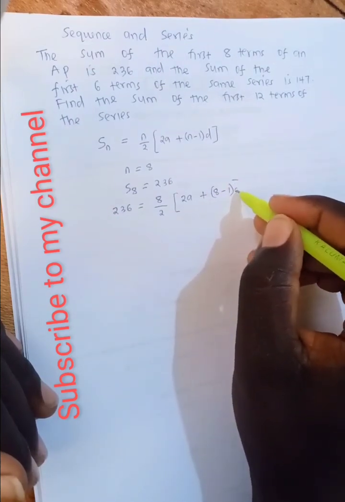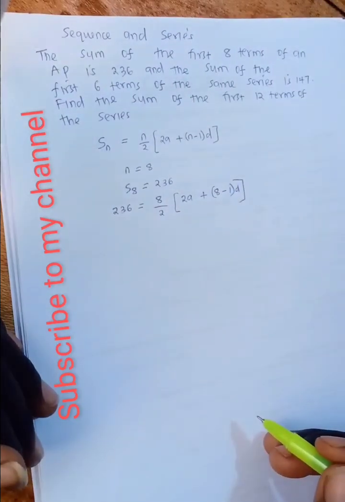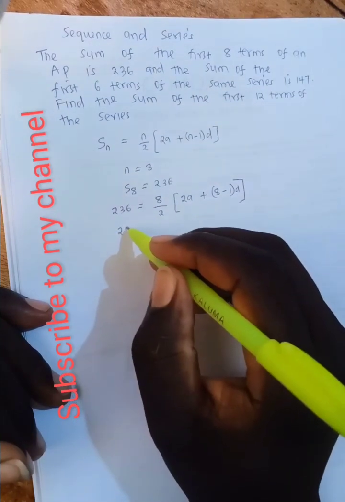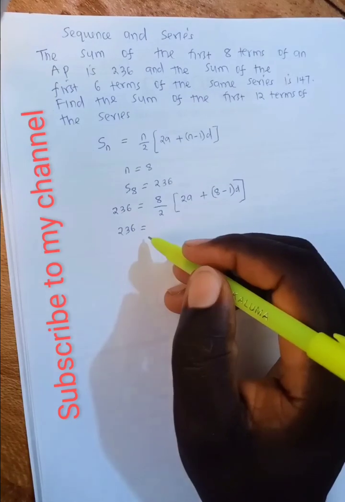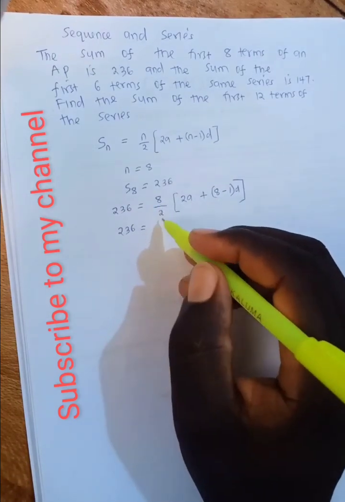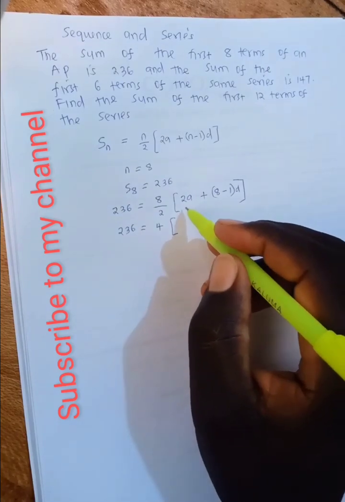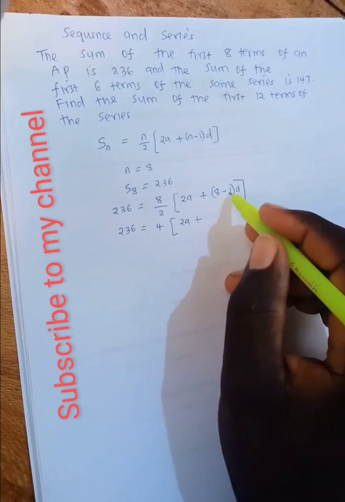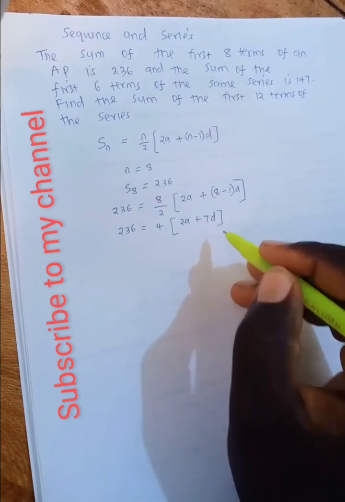From there, 236 equals 8 divided by 2, which is 4, into 2a plus 8 minus 1, which is 7, times d, which is 7d, then close the bracket.